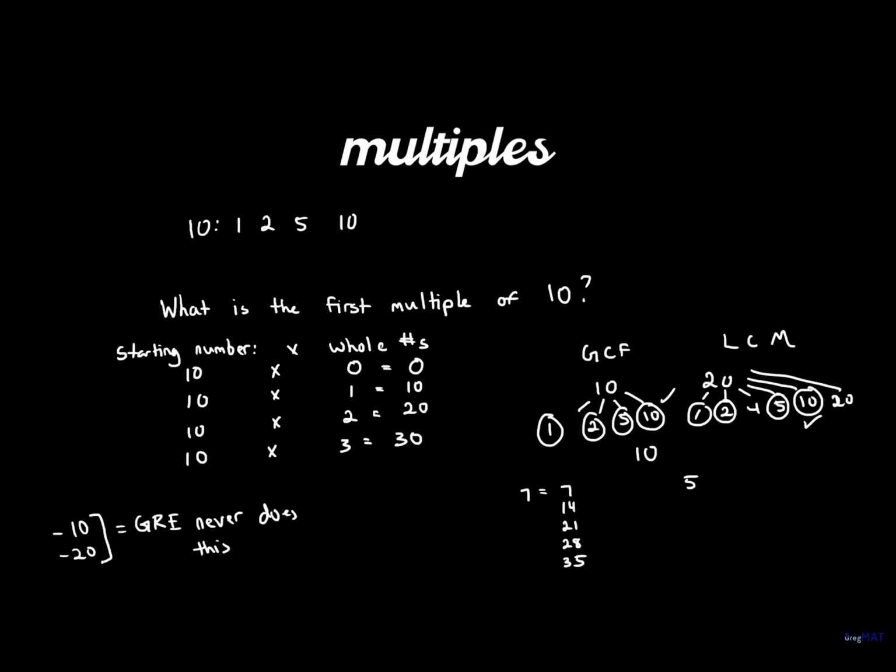The multiples of 5 are going to be 5, 10, 15, 20, 25, 30, and then finally it's going to be 35. Notice that they have nothing in common from all the way here to all the way here. But then when we hit the 35, we finally get the least common multiple.